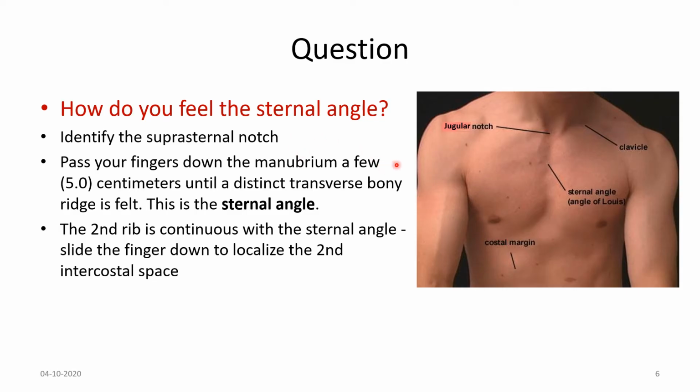Then pass your finger down along the manubrium about 5 centimeters until you feel a distinct transverse bony ridge. That is the sternal angle. The second rib is continuous with the sternal angle. So slide your finger down to localize the second intercostal space. Hope now you know how to feel for the sternal angle.